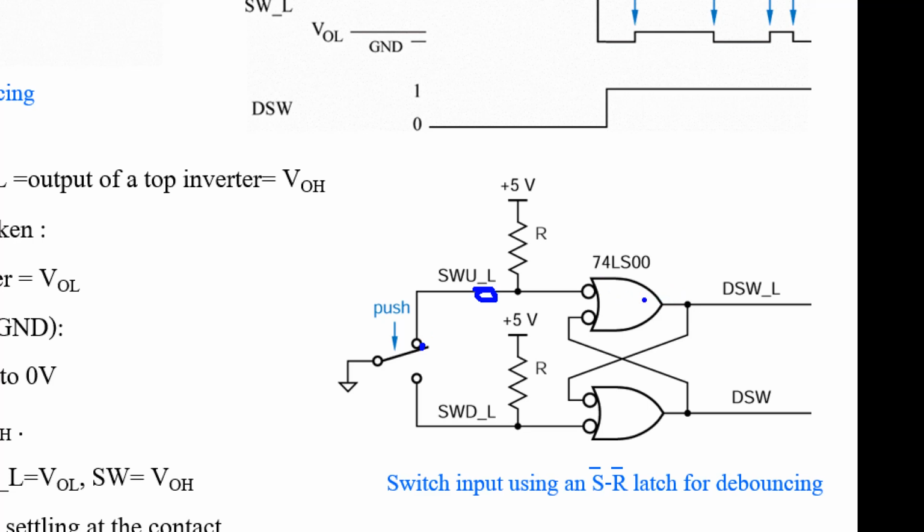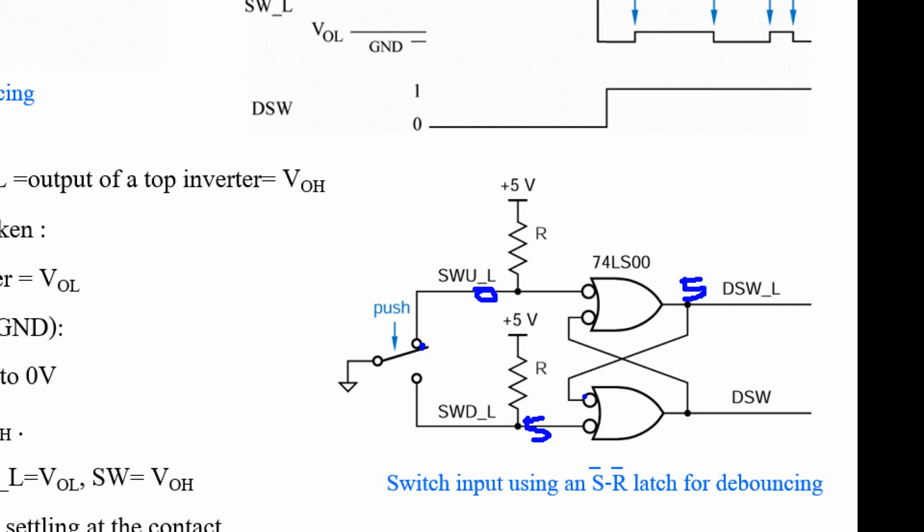So output then becomes 5, okay, 5 at here. And this is 5, right? It's 5 at here, 5 5.